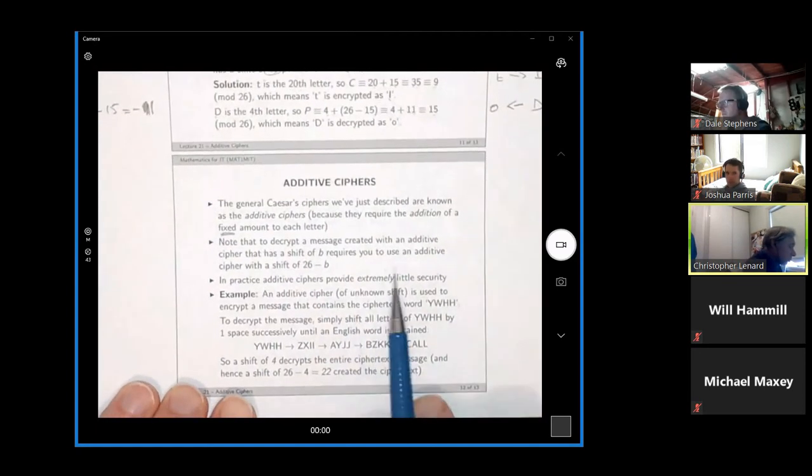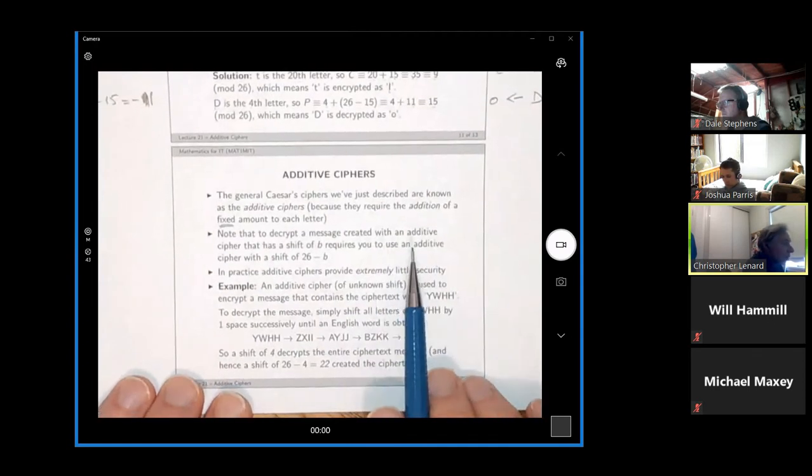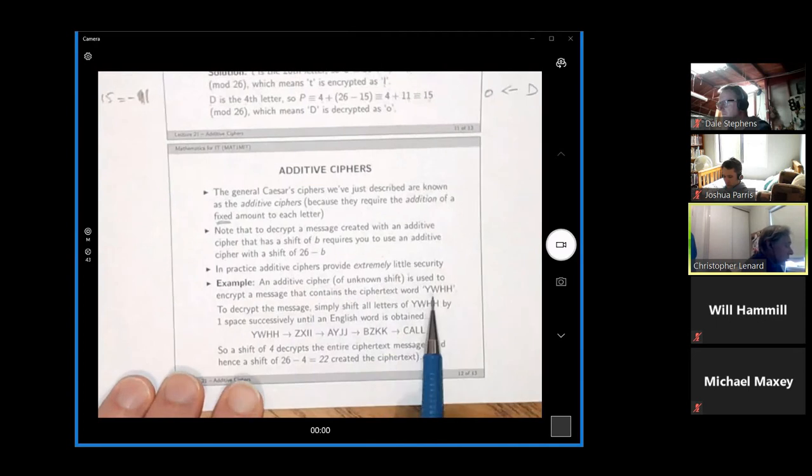That's not very secure. So if I said, YWHH is an unknown ciphertext, it's been shifted by a certain amount from the plain text. Well, it wouldn't be very difficult just to try every possible shift to decrypt it.